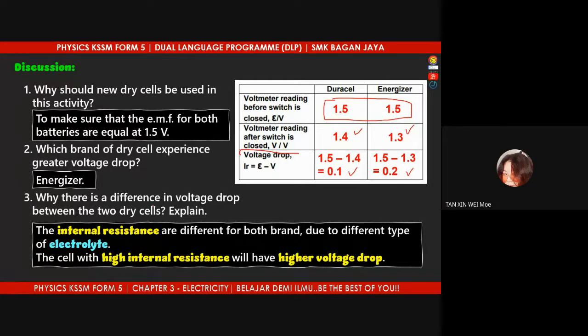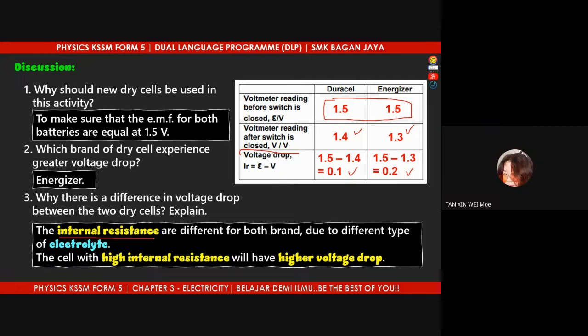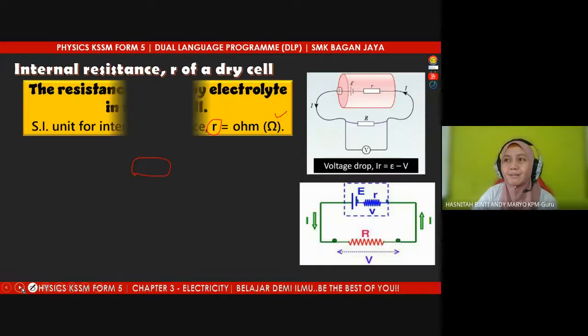If you just write more heat energy is released, actually the heat energy comes from the internal resistance. So the main answer you must write must mention the internal resistance, because the internal resistance is the key point. Then yes, it will produce heat. Okay, thank you, very good.